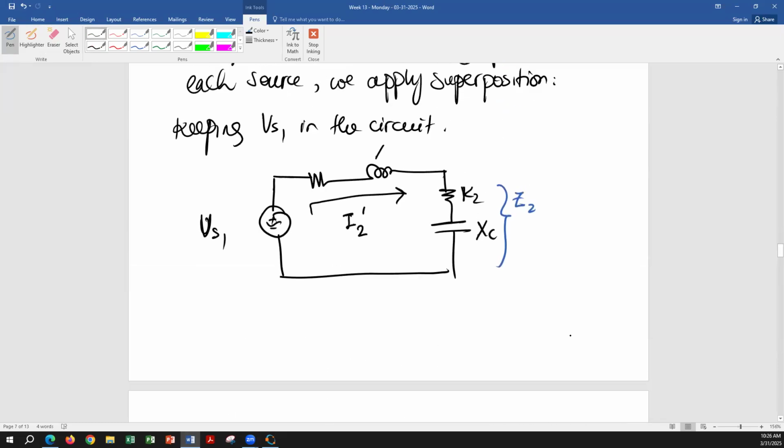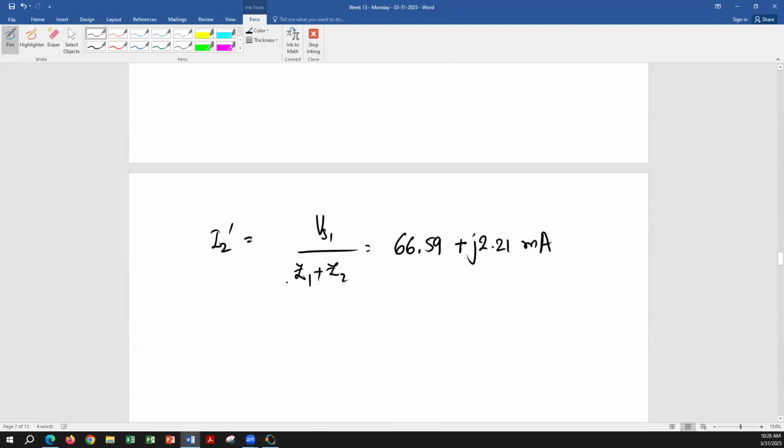And that is going to give us the power in R2 and XC. Let's calculate that, which implies power in R2.